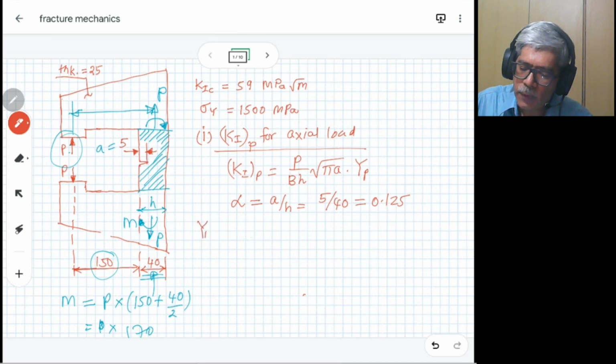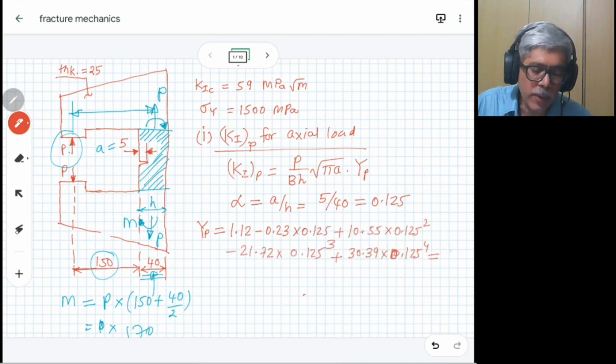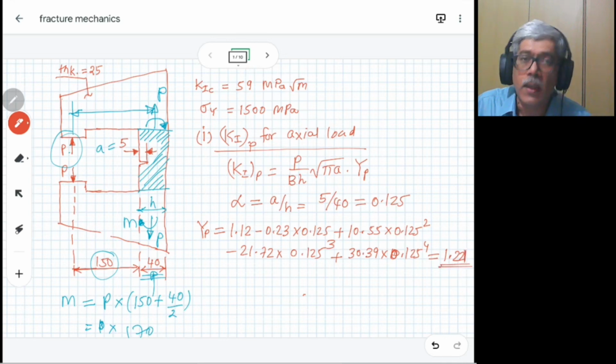The shape factor would be given by the formula given earlier, as given here. The geometric shape factor YP is coming as 1.221. So that is the value of the geometric shape factor.